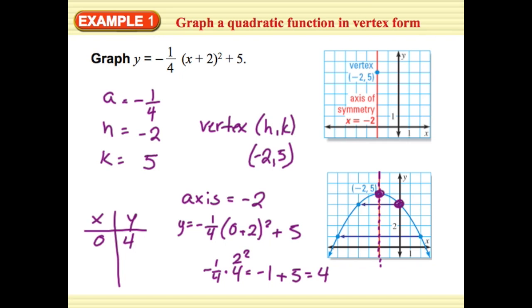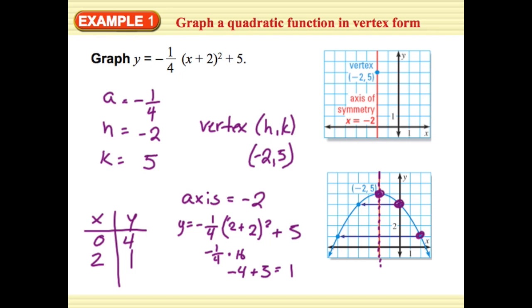I can also do this with maybe x equals 2. Plug in that value. So 2 plus 2 is 4. Squared is 16. Negative 1/4 times 16 is negative 4. Plus 5 would equal 1. So at positive 2 x value, my y value would be 1.